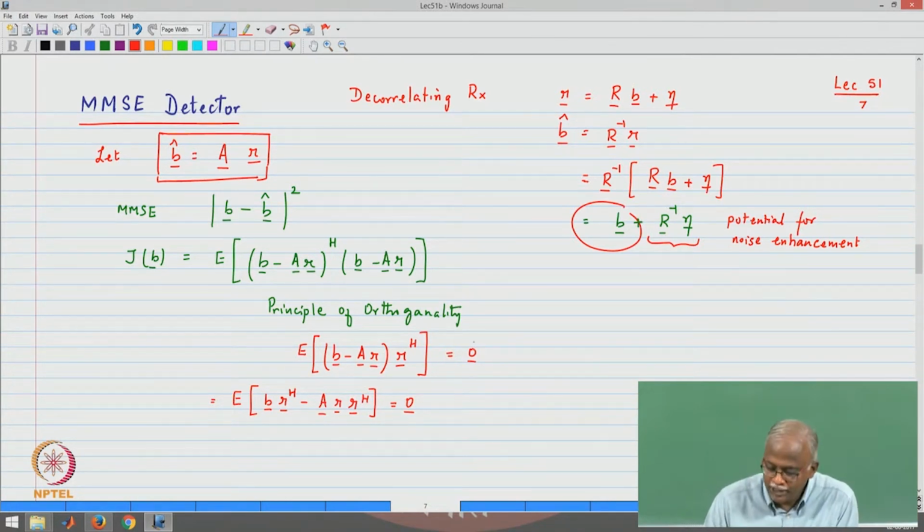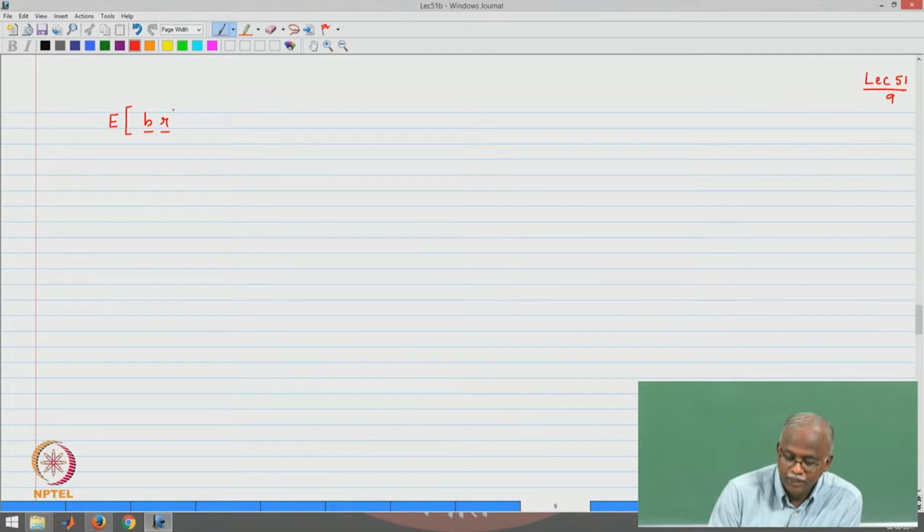So, we call this equation 1. Now, we would like to go ahead and expand it term by term. So, first let us take the first term in the expression, expected value of B times R Hermitian. Now, please substitute the value for R.